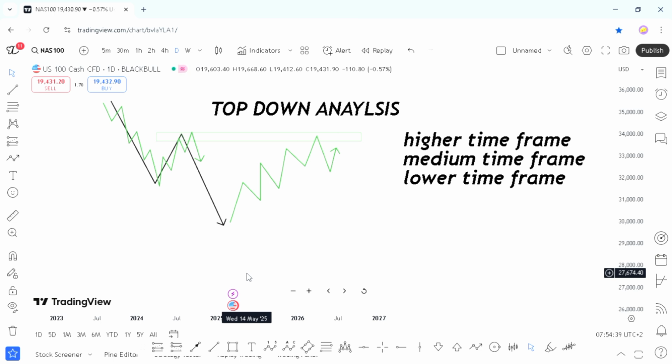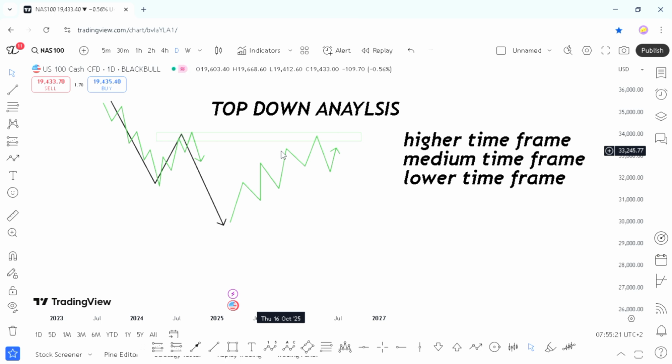So trading with the trend here is the best thing to do because both medium and higher time frames are in a downtrend. When somebody says to me that price is in a downtrend, the question I usually ask is on what time frame is the price in a downtrend, because we have different strengths on different time frames, and the trend you see on the higher time frame is not the trend you see on the medium time frame, and the trend you see on the medium time frame is not what you are going to see on the lower time frame.